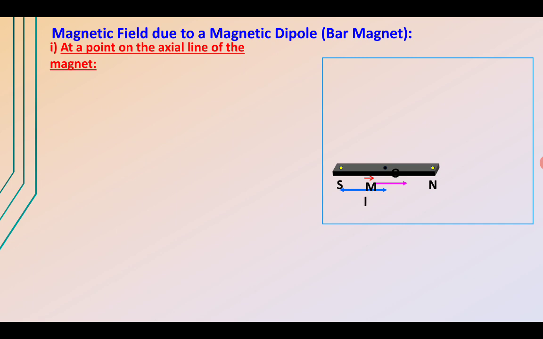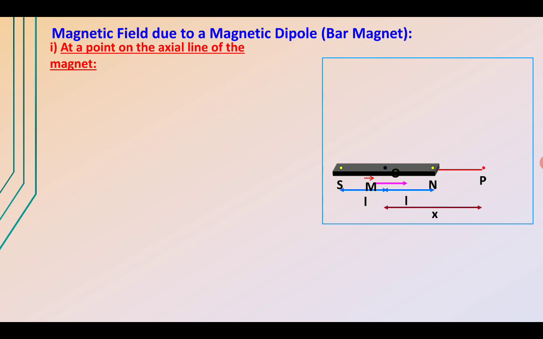This is the length L from the center of the bar magnet to the south pole, and again length L from the center to the north pole, so the total length of the bar magnet is 2L. This is the line along the axis of the magnet, and we consider any point on this axial line.